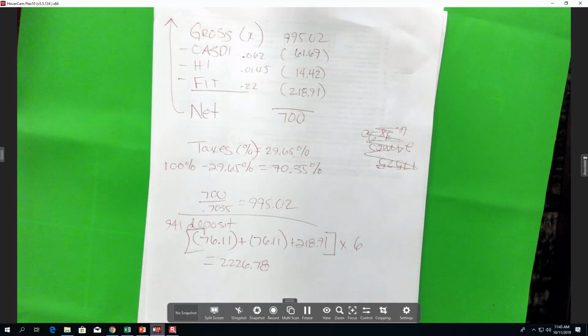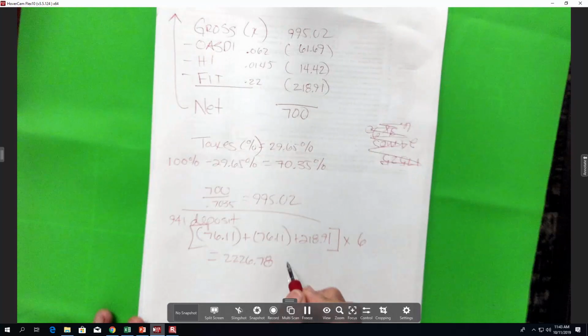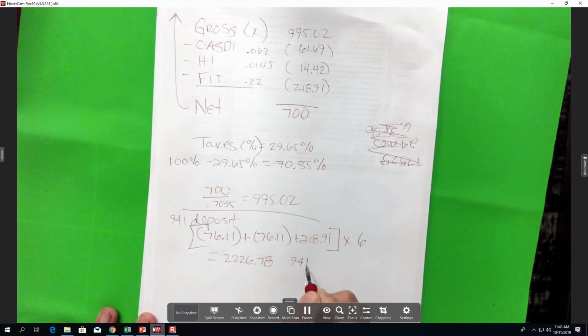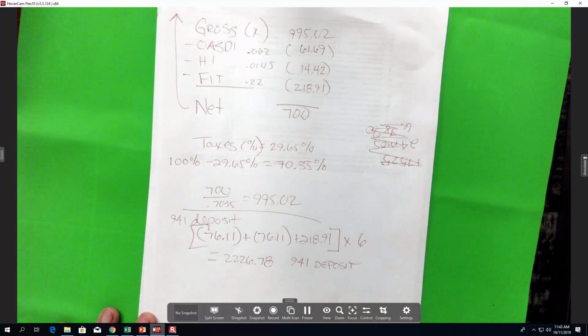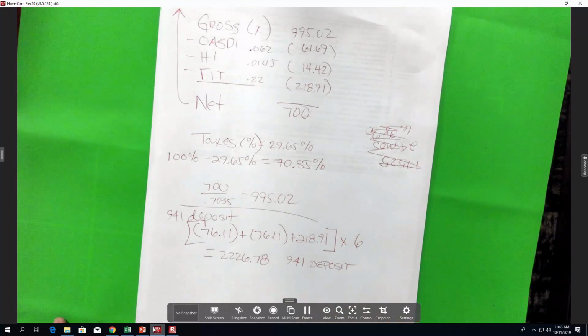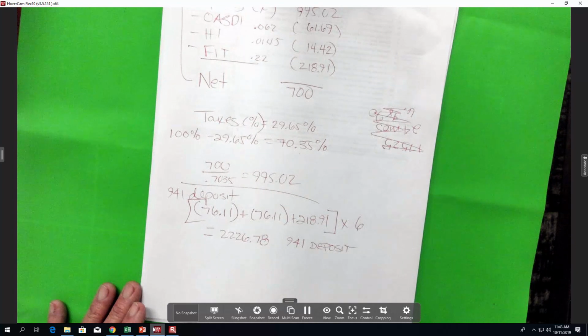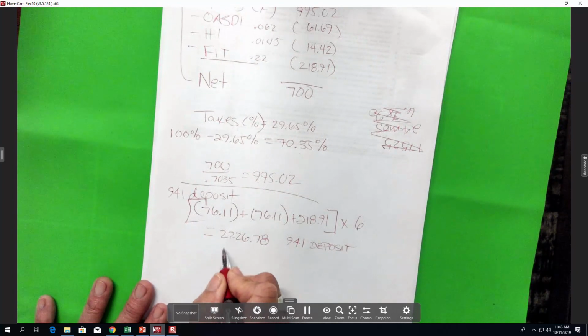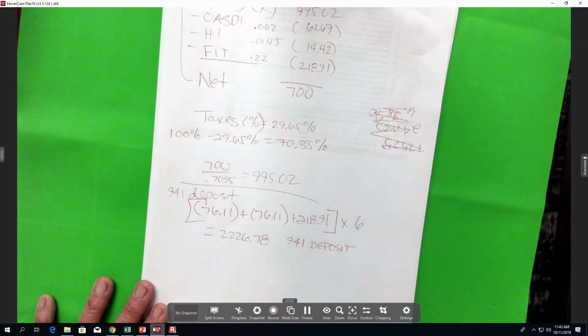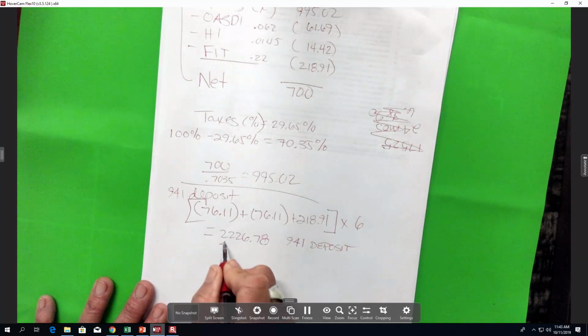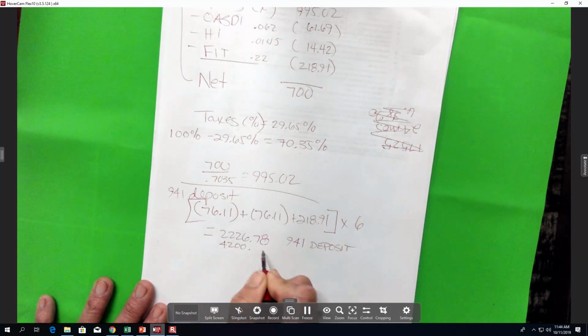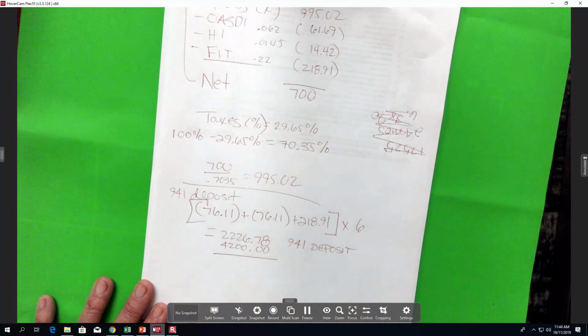I just wrote the IRS a check for the 941 deposit. I wrote you each $700 checks, right? So what did it really cost me to give you guys these bonuses?